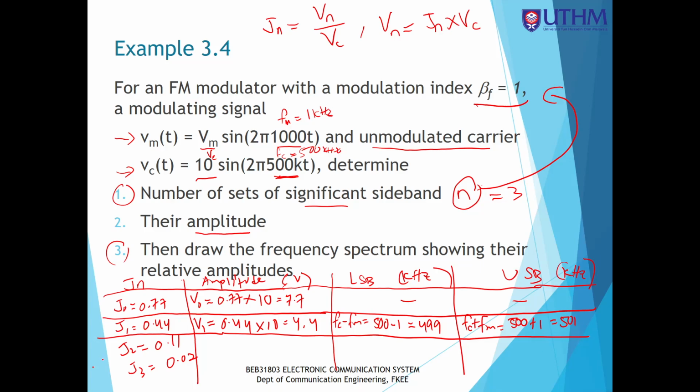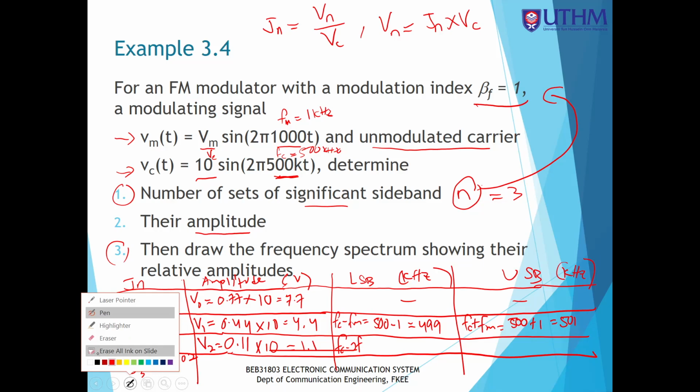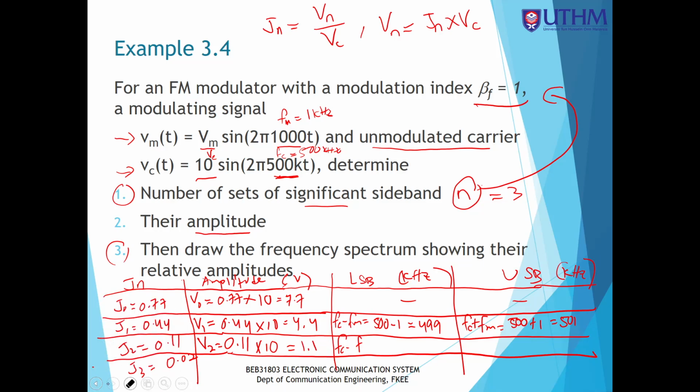And then for the second sideband, V2 is equal to 0.11 multiplied with Vc, which is 10. So this becomes 1.1 volt, and the lower sideband is Fc minus 2Fm, because this is the second sideband.